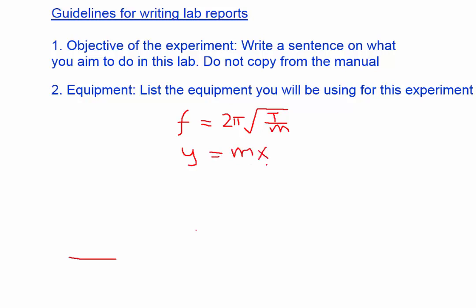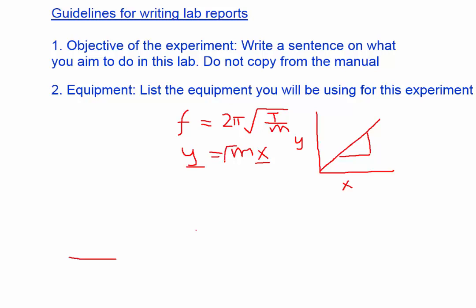Now what this equation tells you is that when x changes, y changes proportionately. And if you draw a graph of y on the vertical axis and x on the horizontal axis, that graph will be a straight line through the origin. And if you measure the slope of the graph, what will that be?